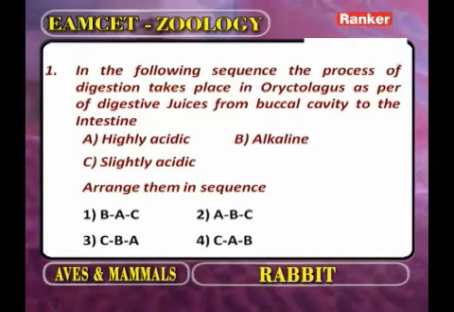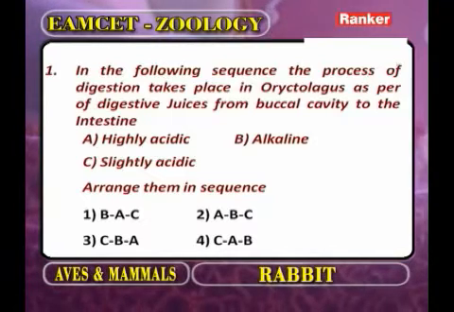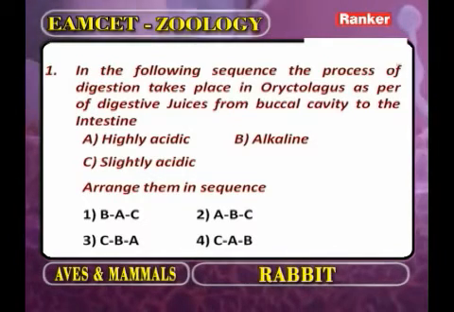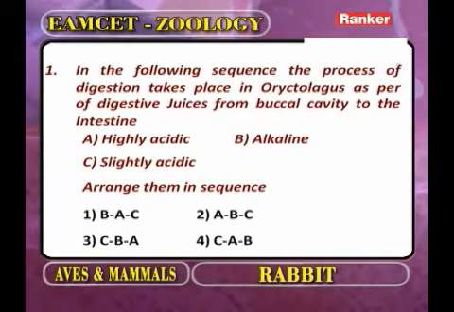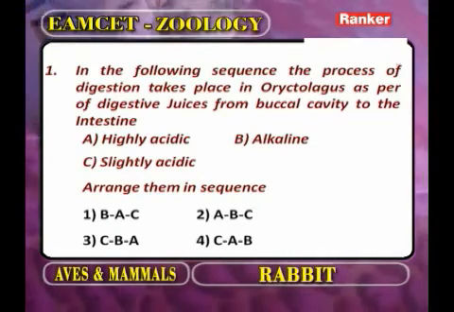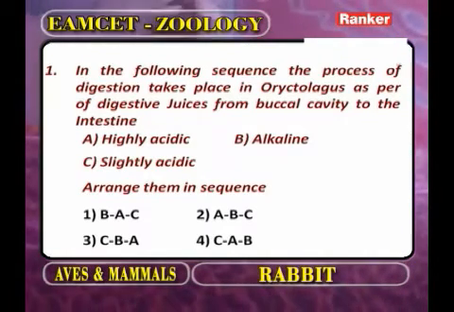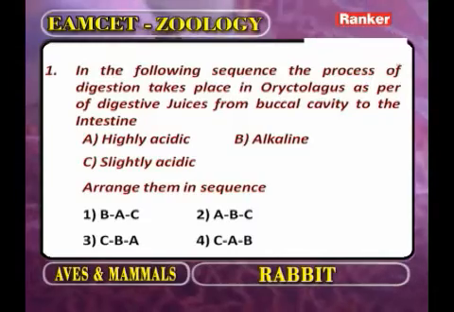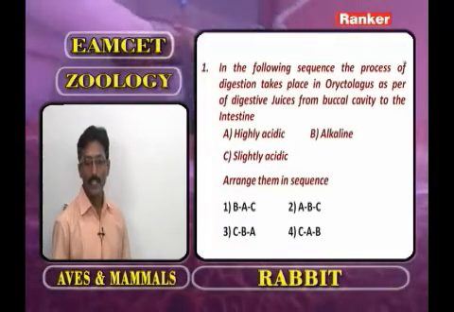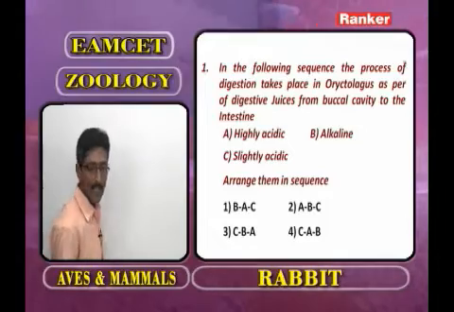Oryctolagus. What is the species name? Cuniculus. Now, in the body of rabbit, what is the sequence of the process of digestion as per digestive juices from the buccal cavity to the intestine? Now again you observe the options: highly acidic, alkaline and slightly acidic medium.